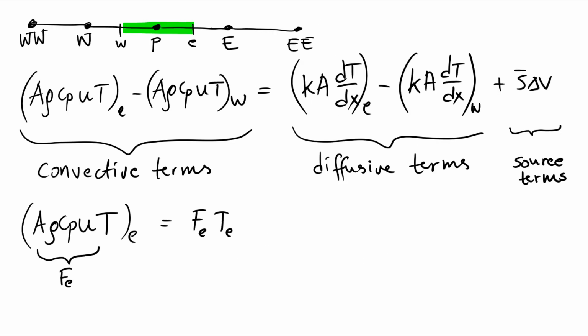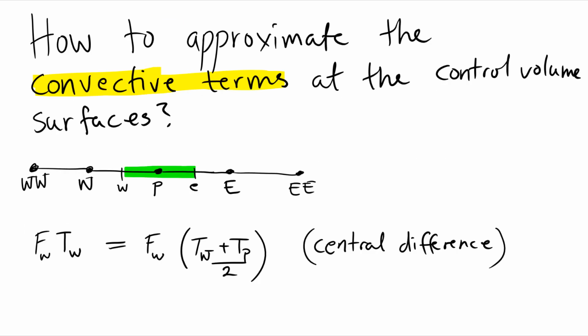And now we have not only the diffusive terms in our numerical representation of this control volume flux, we also have some convective terms. And it's quite common to lump some of these terms into the letter F here for flux. So how do we actually approximate the convective terms at the control volume surfaces?